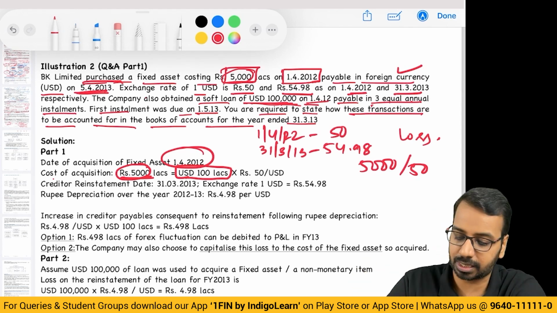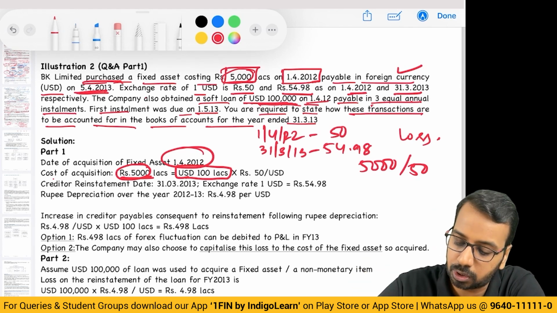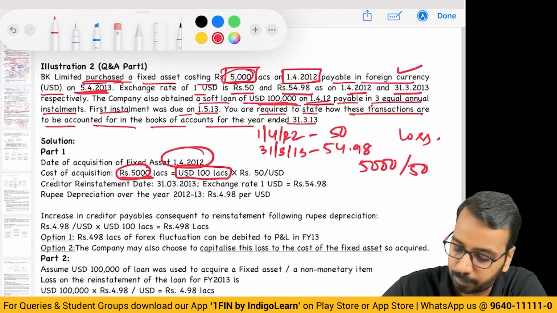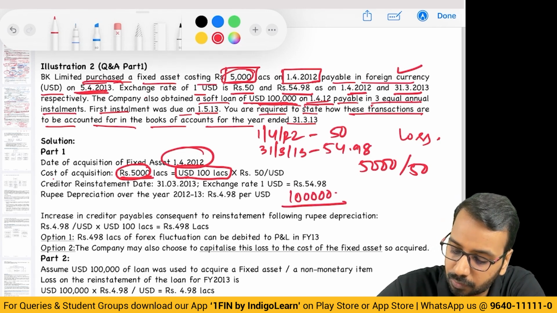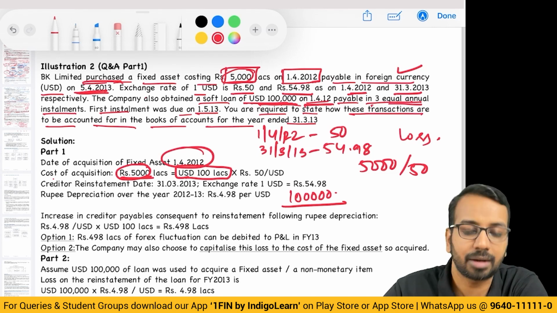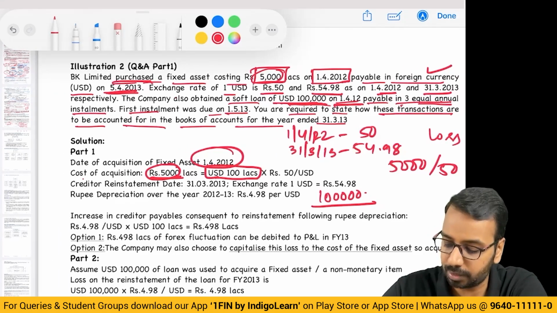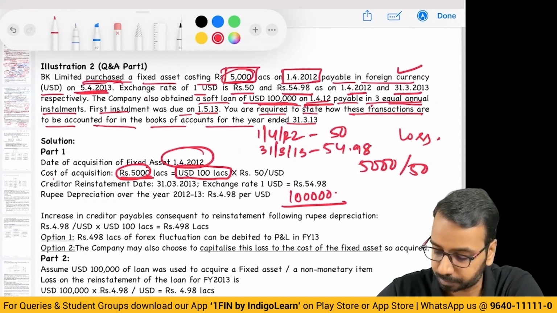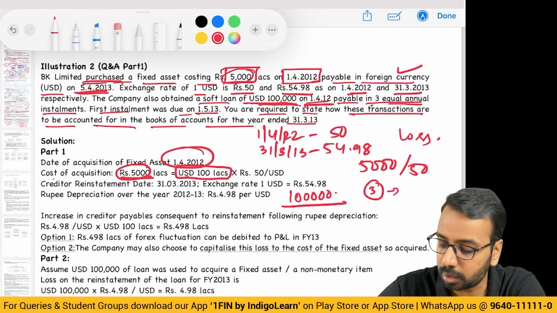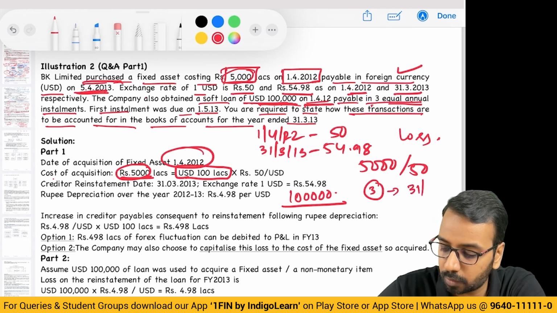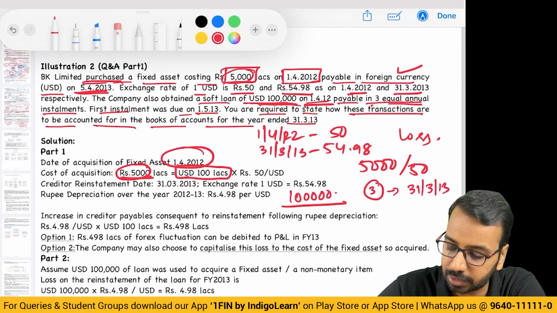So let us keep interest aside. 100,000 is taken on 1/4/12. So 100,000 is taken on 1st of April, payable in 3 equal annual installments. The first installment will be due when? First installment will be due on 31st of March of 13. That is the first thing.